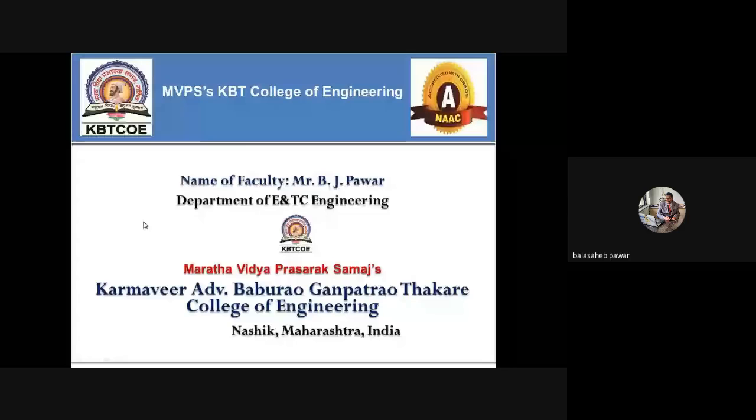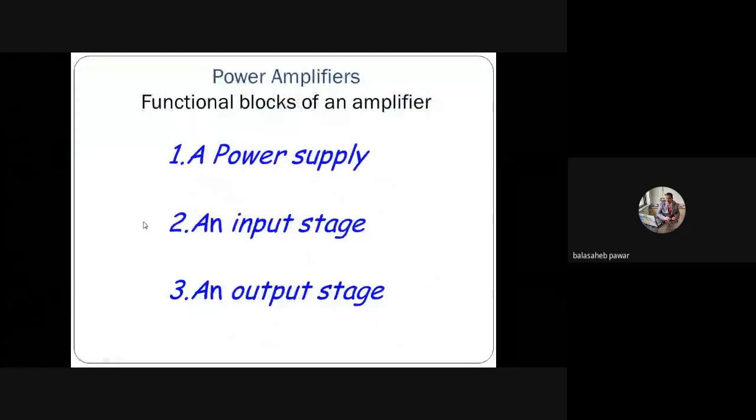So see, yesterday also we discussed these 3 points. Power amplifiers, functional blocks of that amplifier consist of the main block, that is nothing but power supply. Basically, we were going to use the mains power supply, that is 230 volt RMS, that we can convert to the required DC for that amplifier or various stages.